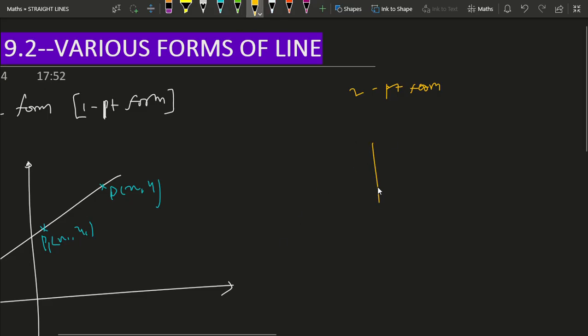I am constructing a graph. This one is x, y, and this is a line.